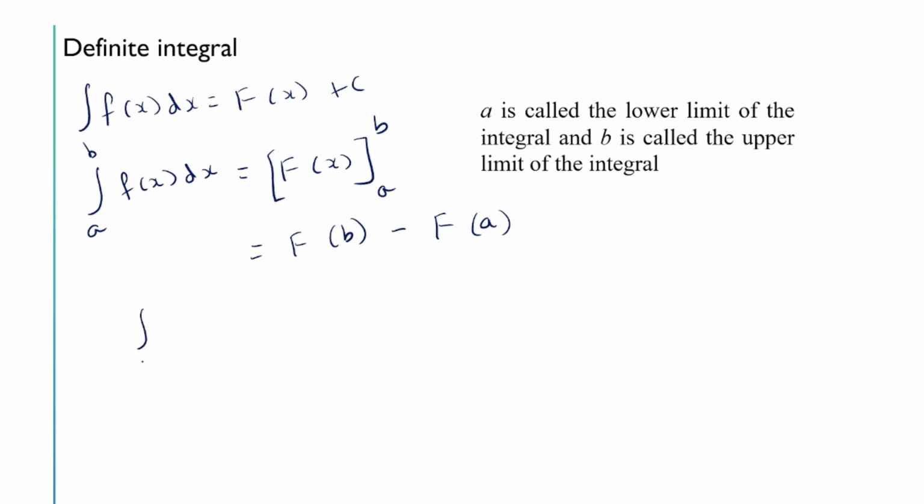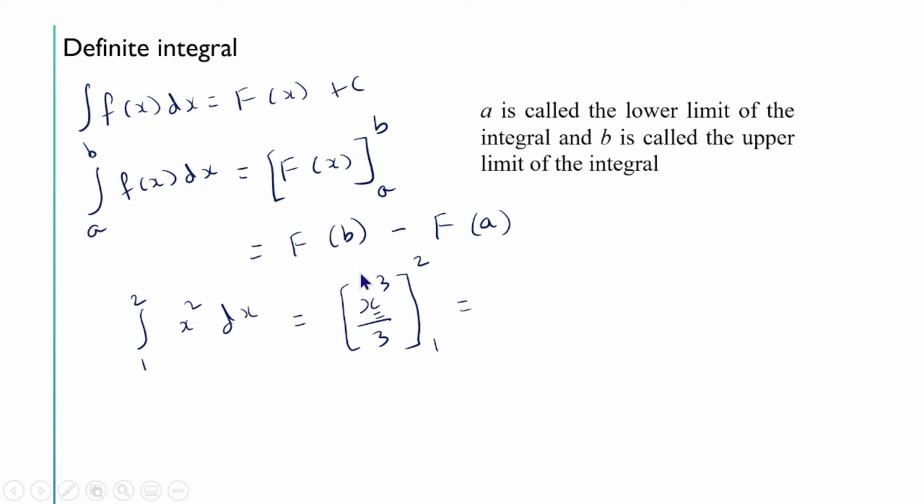Now let us calculate integral 1 to 2 x square dx. To calculate this, first we have to use the standard integral. We know integral x square dx is x cube by 3. Then we have to substitute the limits. Lower limit is 1 and upper limit is 2. So first we substitute the upper limit for x.